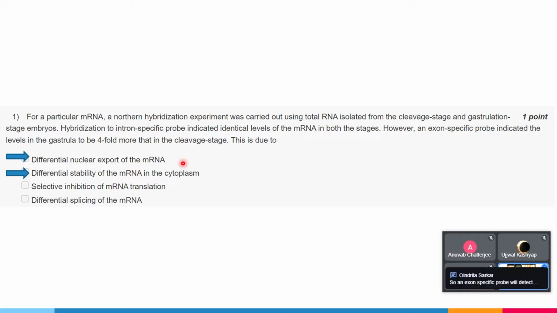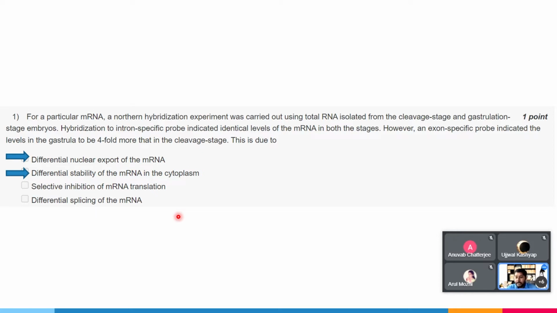So anyone? An exon-specific probe will detect both mRNA and nuclear RNA, since exon is present in both. Since there is not a lot of information given in the question, we can understand that the exon-specific probe might not be detecting just one exon.